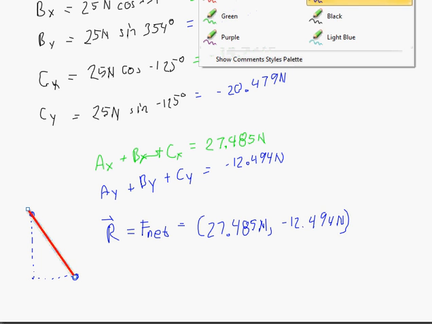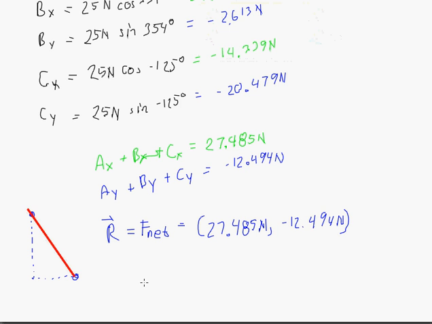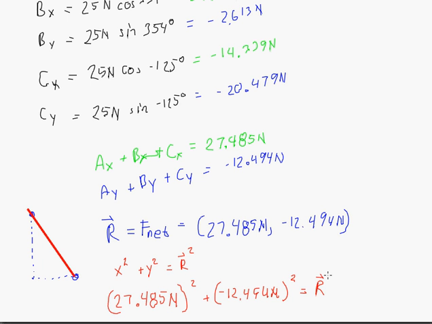So I'm just going to do my x value squared plus my y value squared equals my resultant length squared. So 27.485 newtons quantity squared plus negative 12.494 newtons quantity squared equals r squared.